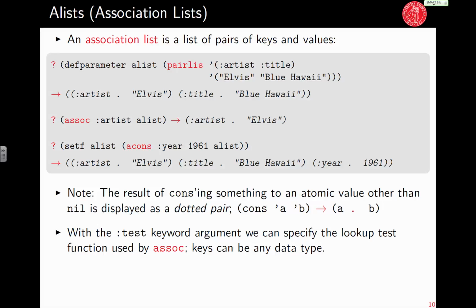Here, when I use keyword symbols as keys, the default test EQL will be fine. In fact, I could even make it EQ. That would be moderately faster, because EQ is really just a pointer comparison. But this means that the keys can be any data type in an assoc list. They can be complete objects. I just need some way of comparing them when I look up an entry.